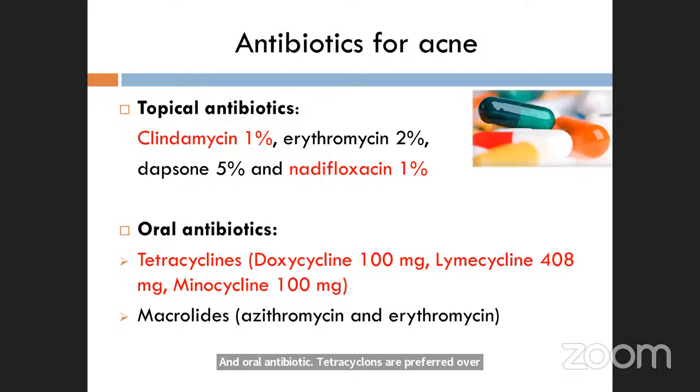Macrolides are second line because azithromycin finds its place in treating certain other important infections in the body, your lung infections. So we don't want to overuse and abuse this oral antibiotic because it can lead to drug resistance. And tetracyclines are superb in their action, and so tetracycline antibiotic is preferred over macrolide. Next slide, sir.